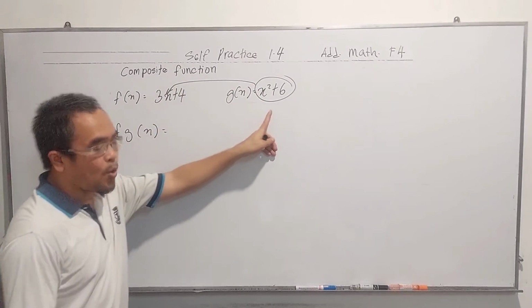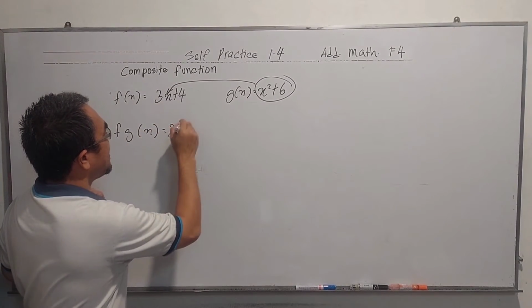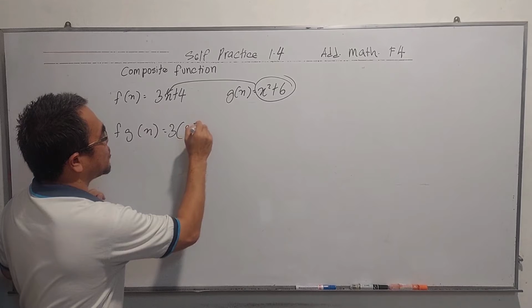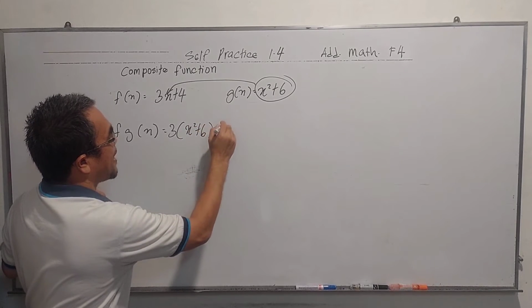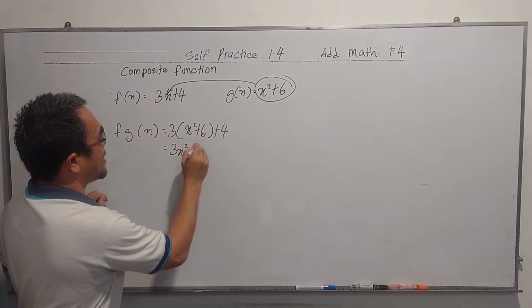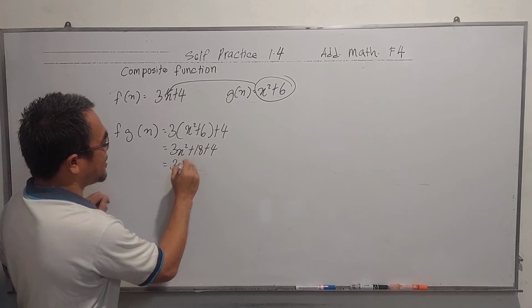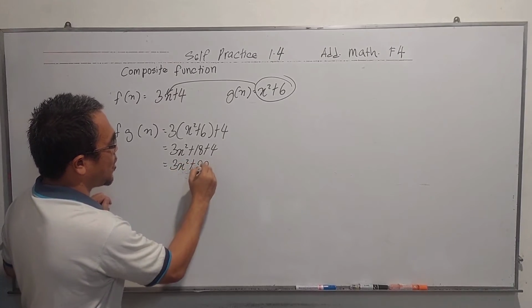So we replace the whole here into f where x is. So 3x you replace with x squared plus 6, plus 4. So you have 3x squared plus 18 plus 4. So simplify, you get 3x squared plus 22.